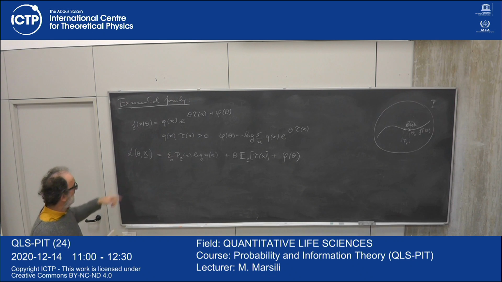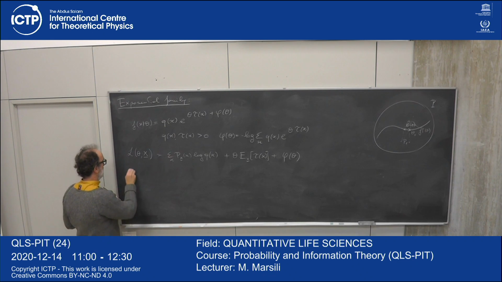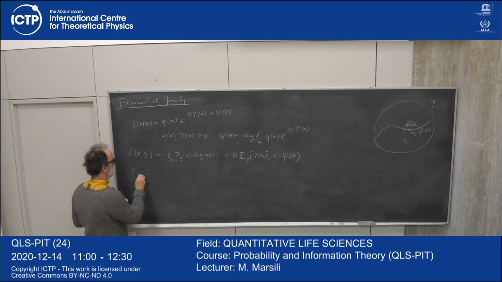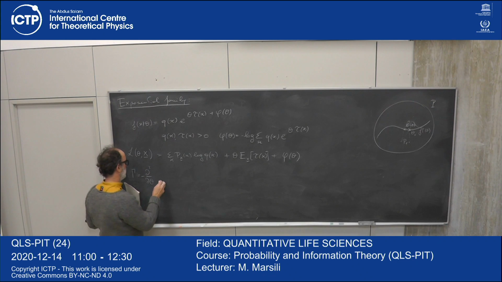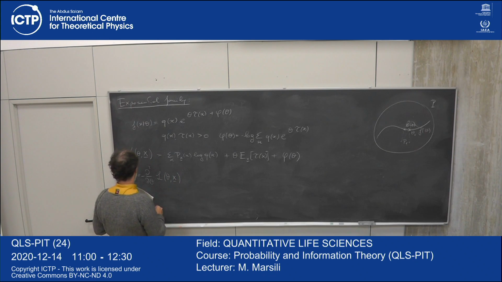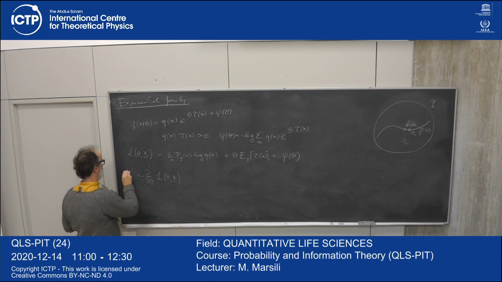Okay. So now, if I compute the gamma, the second derivative of the likelihood, this is the gamma of theta.